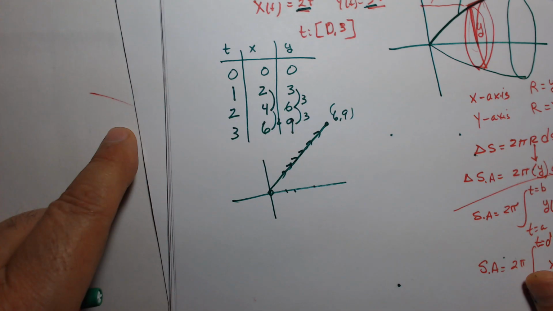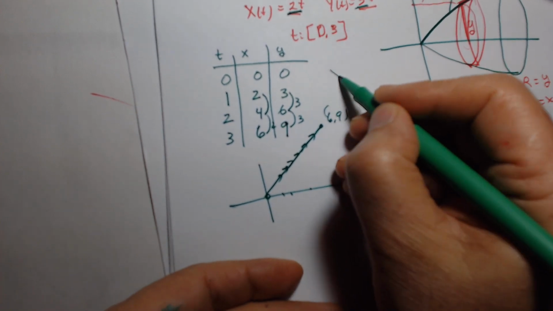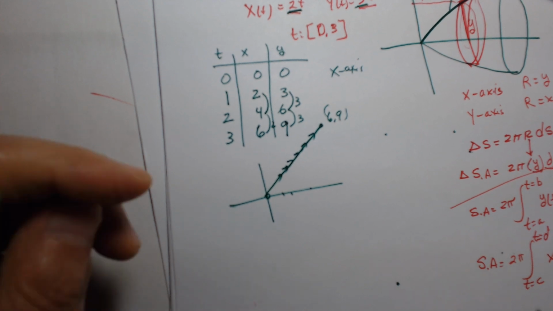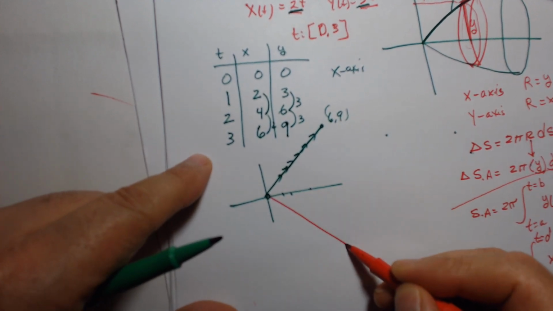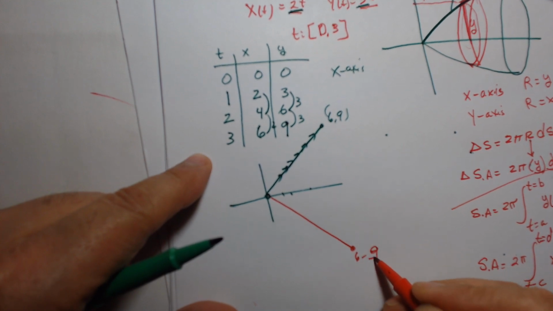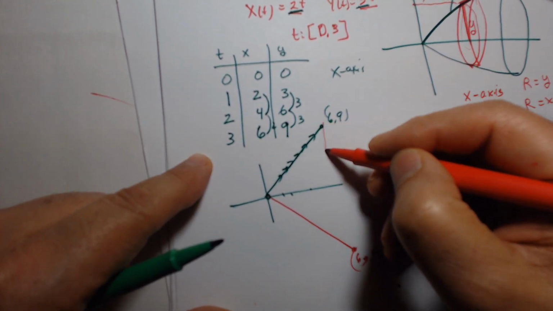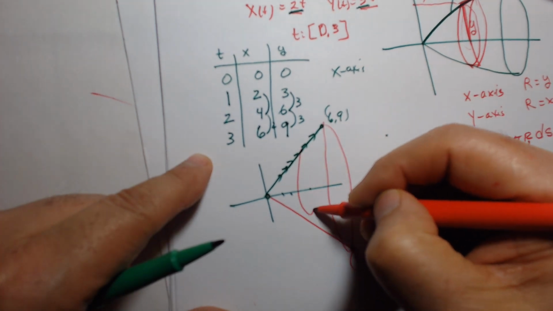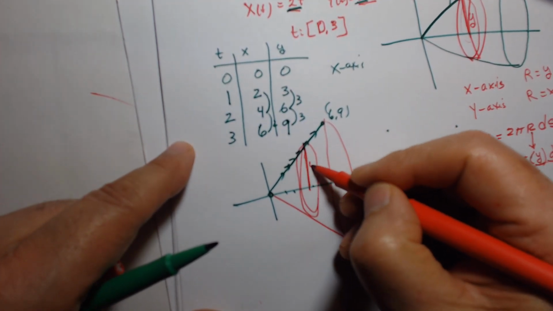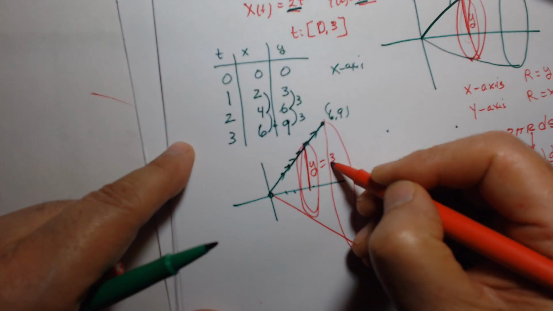In here, I can revolve this about the x-axis and find the surface area. About the x-axis, that point becomes (6, -9), and when I revolve it, I get a surface of revolution. My radius here is y, and your y is 3t.